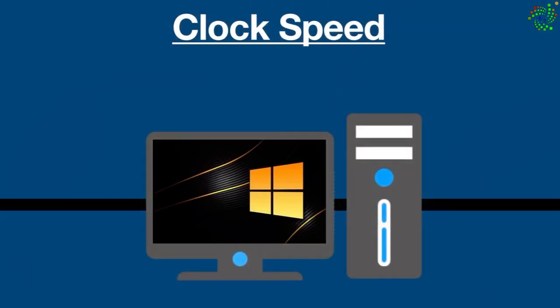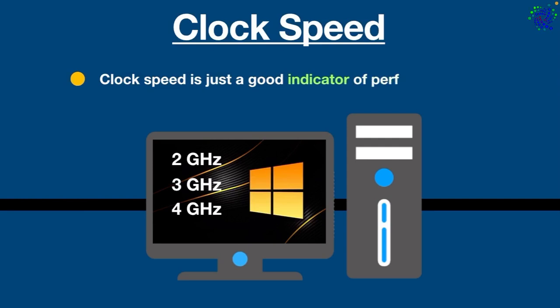When you buy a new computer, you normally check its processor's clock speed or frequency, such as 2 GHz, 3 GHz, 4 GHz and so on. And you think it's the fastest computer, right? Absolutely not. Its clock speed is just a good indicator of performance, and it's not the only one to consider when deciding if a computer is fast enough for you.